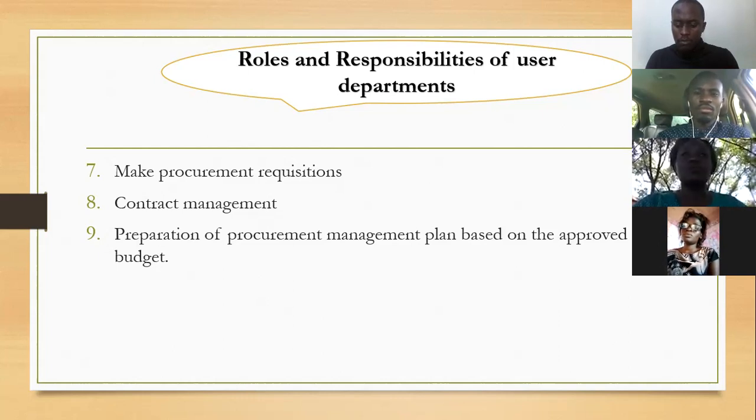In the plan, it looks at the item to be procured, the description of the item, the source of funding, the approvals, among others. So as I close this discussion, it's very important to ensure that the user department aligns its services for the beneficiaries, especially following the plan that has been approved and received by the head of department. Thank you.